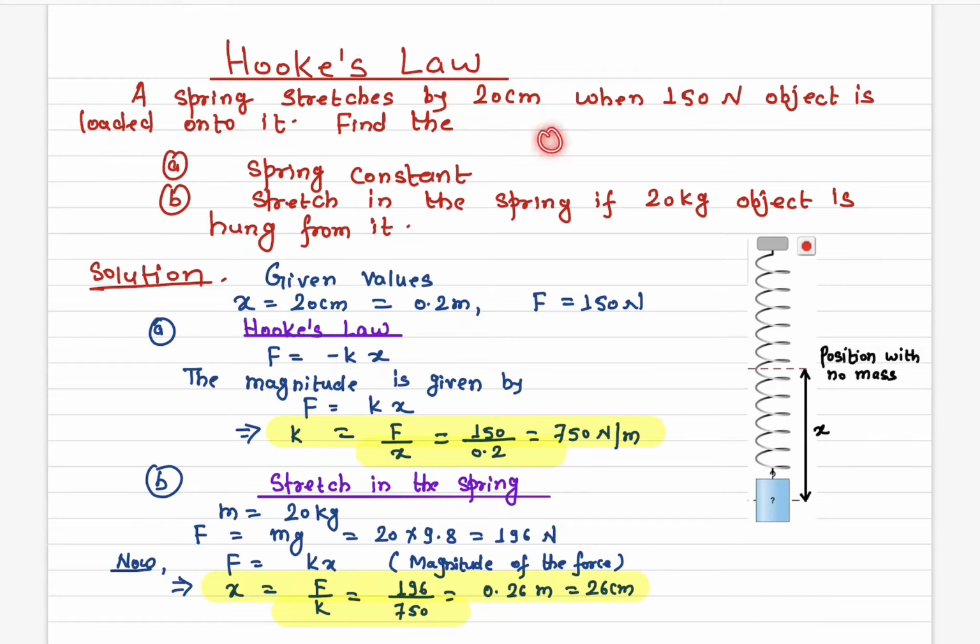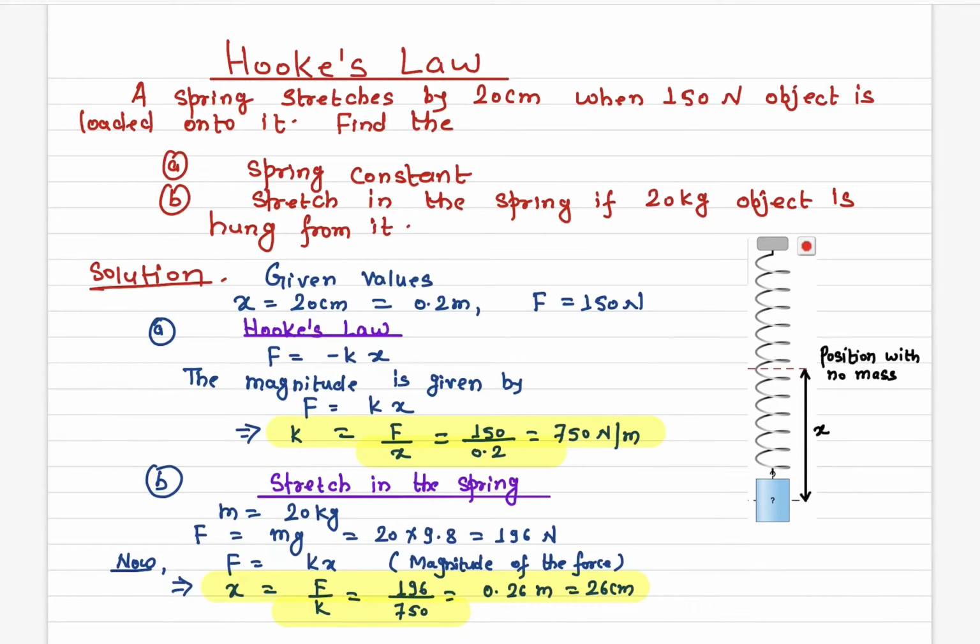So just divide it by 100 and it will be 0.2 meter. So we have calculated the spring constant, which is 750 Newton per meter. The unit for k will be Newton per meter. This is Newton and this is meter, so it will be Newton per meter.